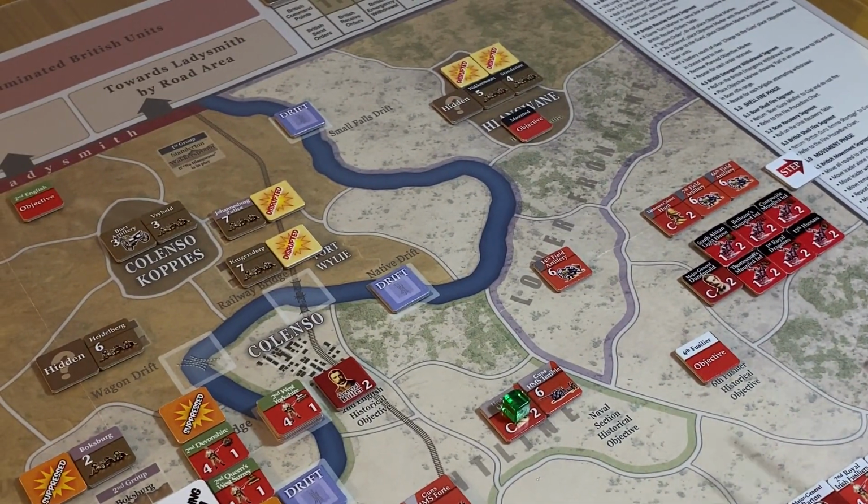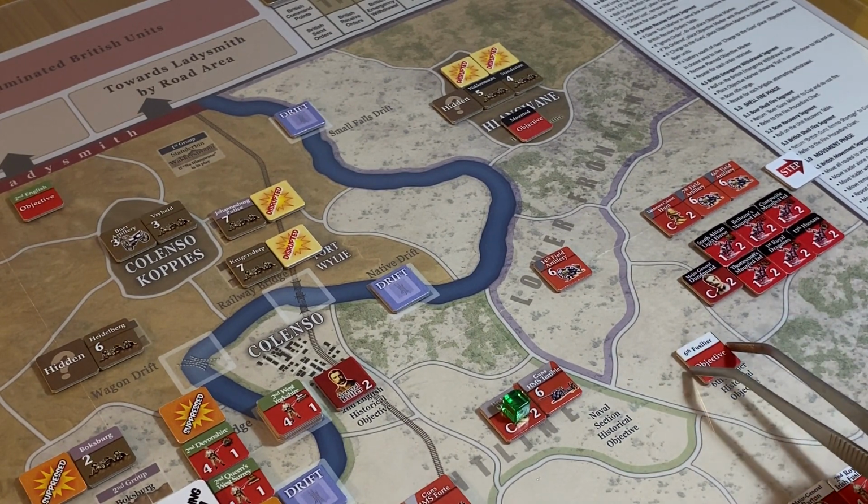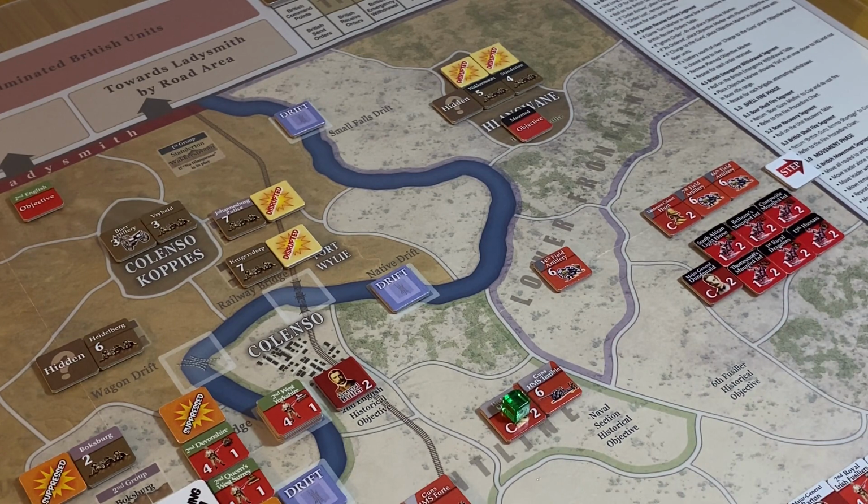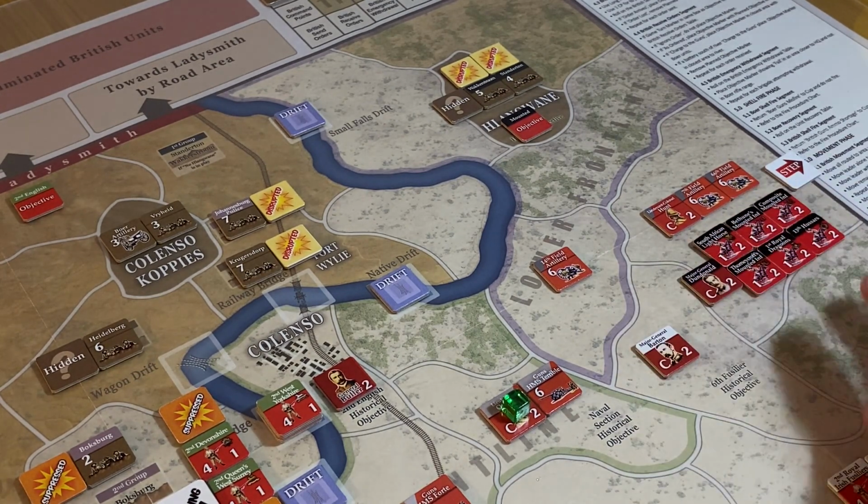Right, now, well, the 6 Fusiliers are going to move into their objective here. Right, that's not a choice there. So, that's a planned objective and objective. So they can now... And they are, well, hang on. Are they all moving in?